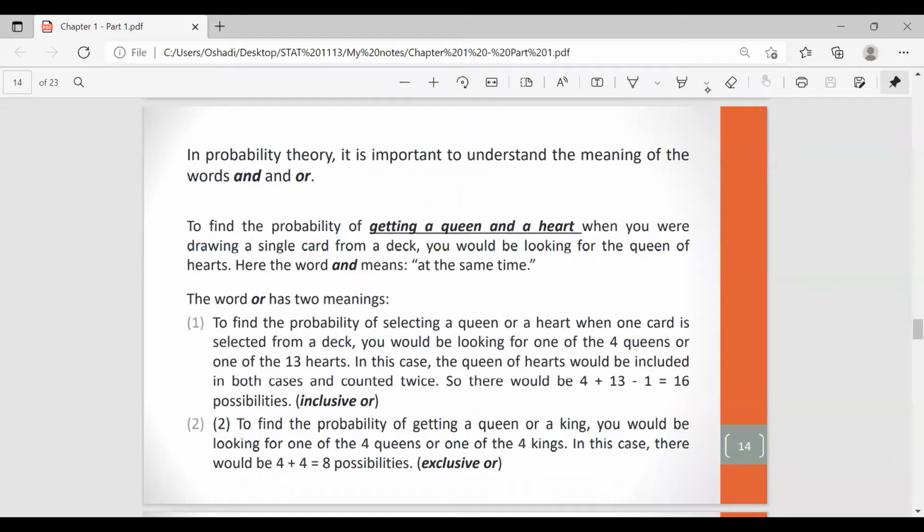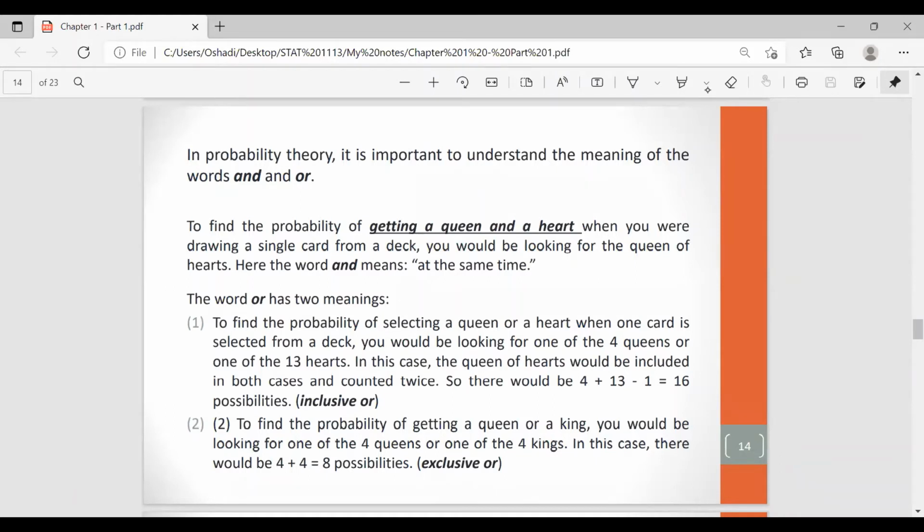Okay, another important thing: you should be very careful when we are using the words and, or in probability, right? It's very important to understand the meaning of the words and, or. So for an example, to find the probability of getting a queen and a heart, when you are drawing a single card from a deck, you would be looking for the queen of hearts.